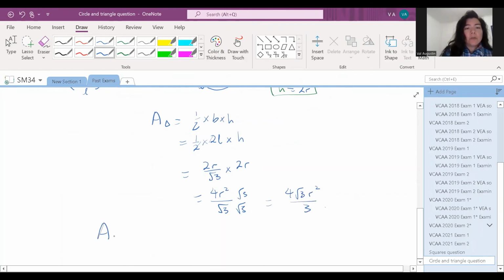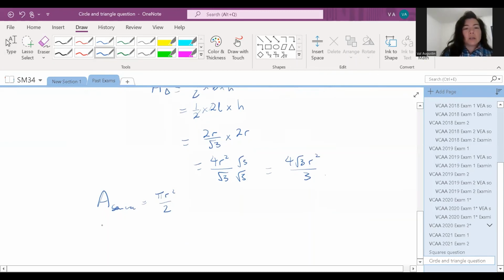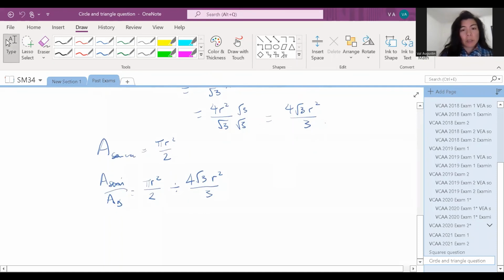Now the area of the semicircle is pi r squared divided by 2. That's pretty straightforward. And so then the last step is to divide the area of the semicircle by the area of the triangle. So pi r squared divided by 2, divided by 4 root 3 r squared over 3. Might have been easier to leave it unrationalized.